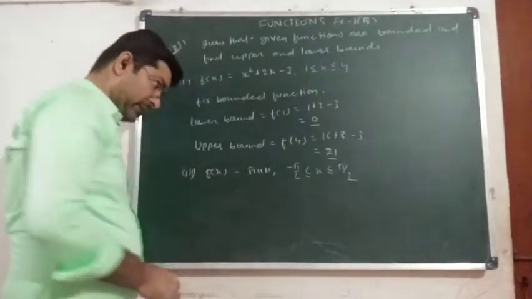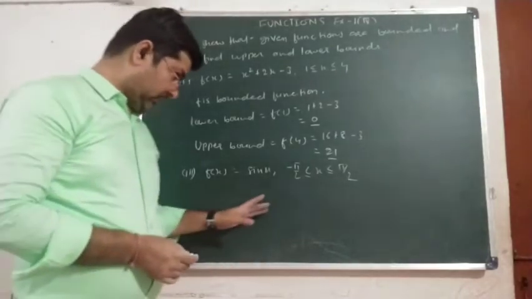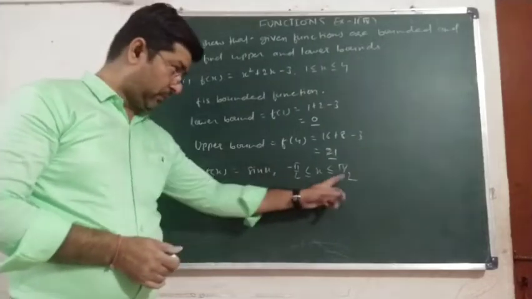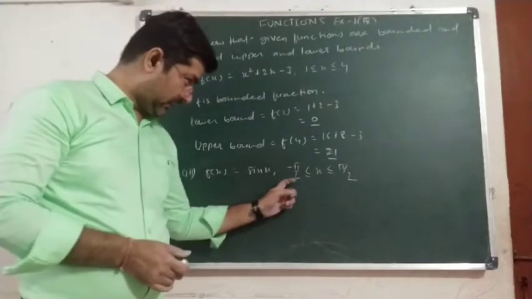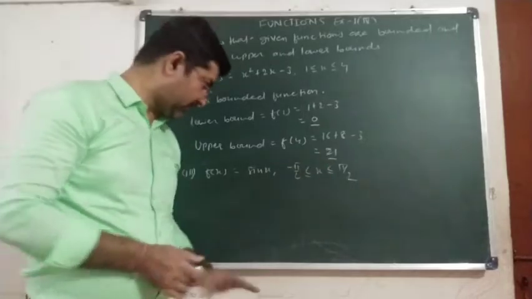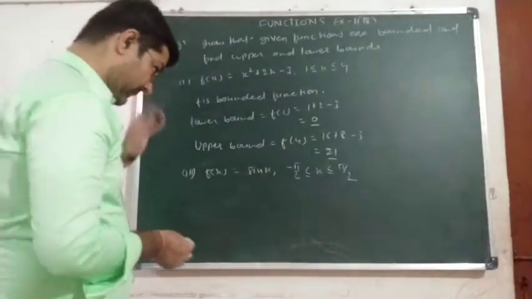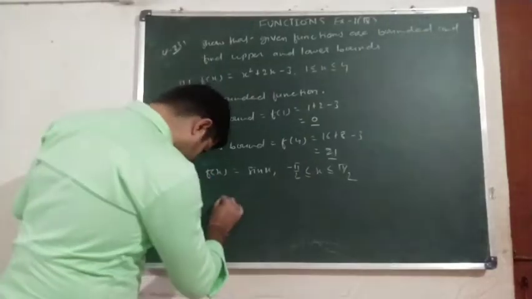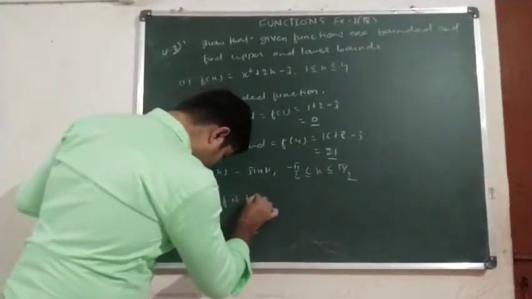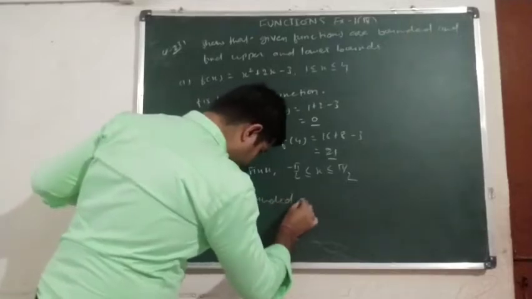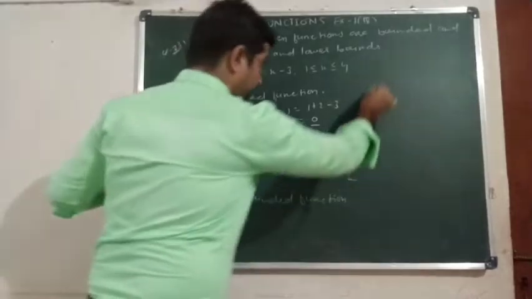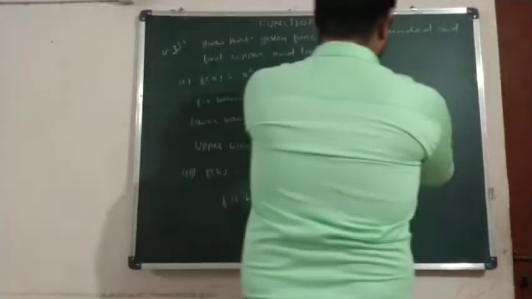Okay, obviously this function is also bounded both lower and upper because we have both lower boundaries and upper boundaries. Okay, and let us find out the lower bound and upper bound. So f is a bounded function.